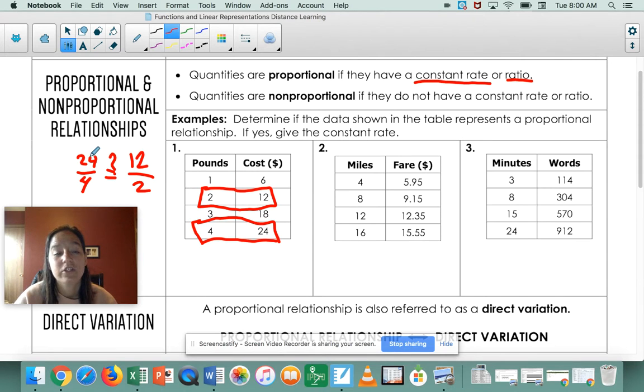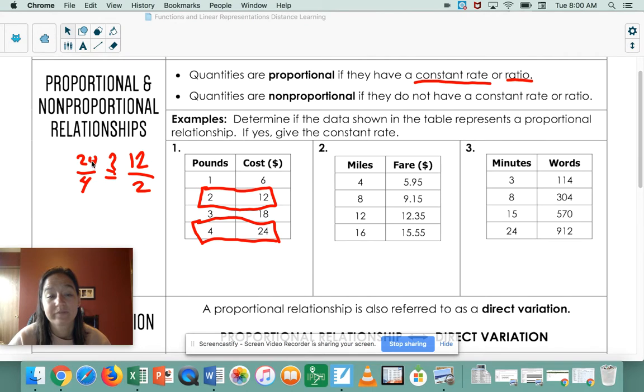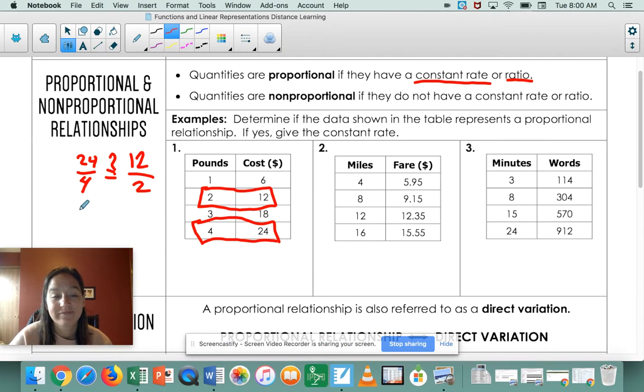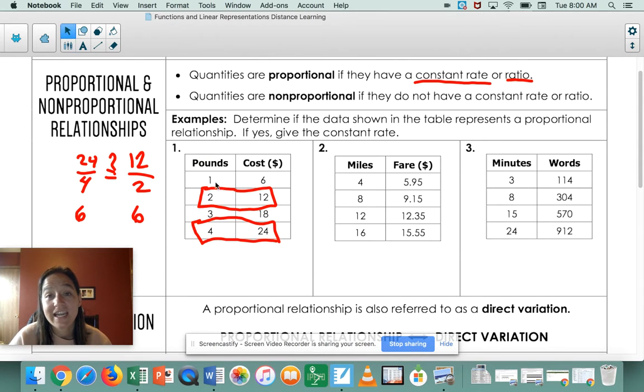Because if I were to divide the top and the bottom, 24 divided by 4, I would get 6. If I were to do 12 divided by 2, I would get 6. So what this is saying is that this has a constant rate. By picking out 2 points, I realize that they are the same and it has a constant rate.